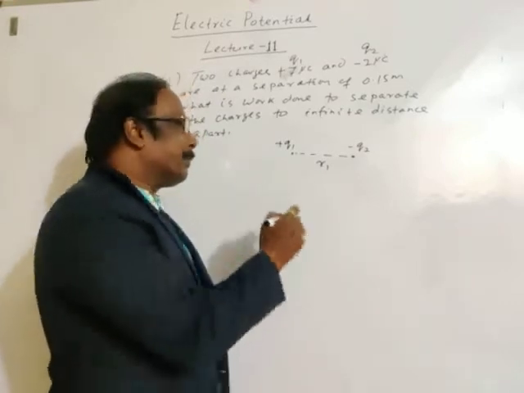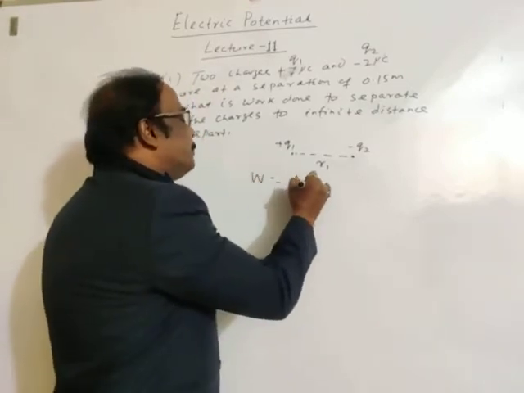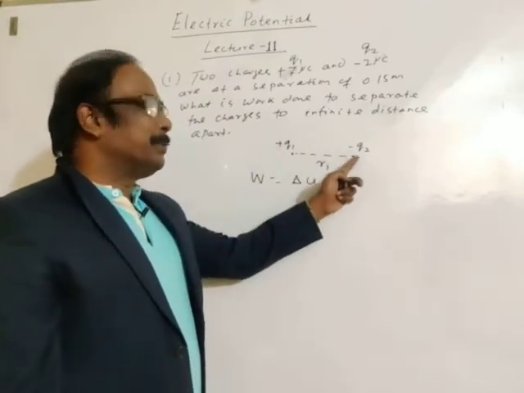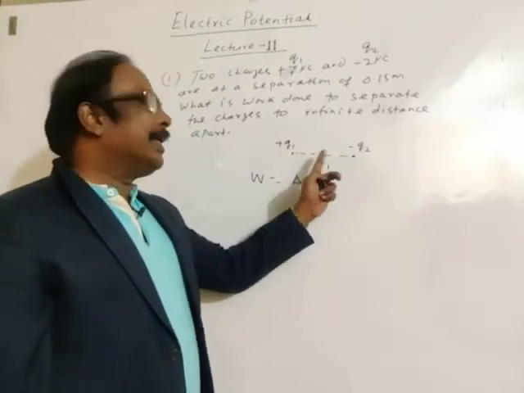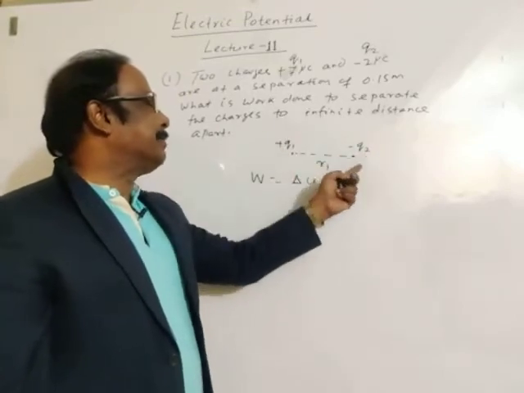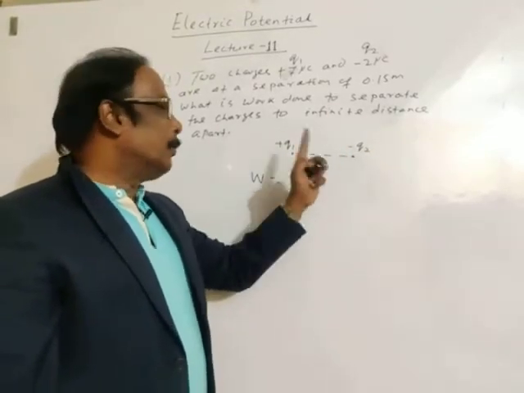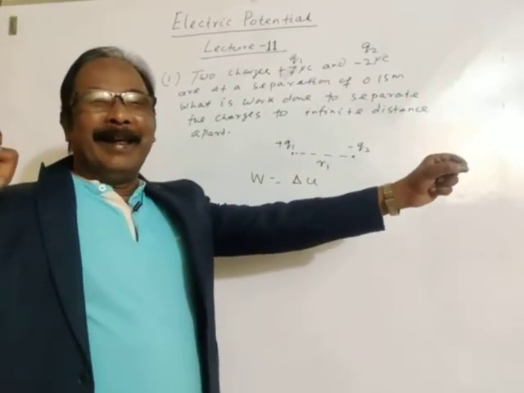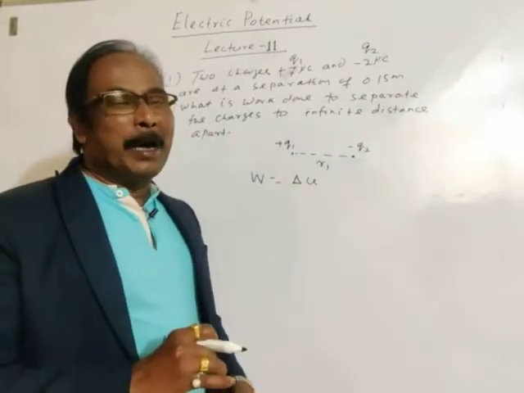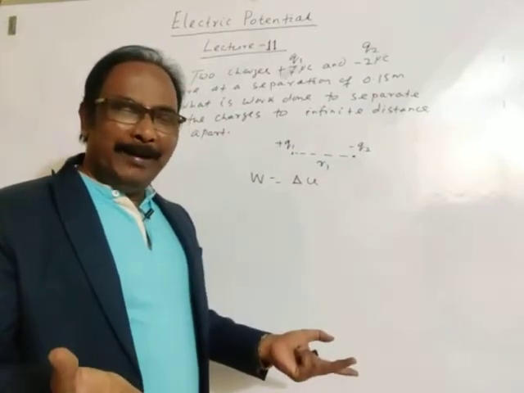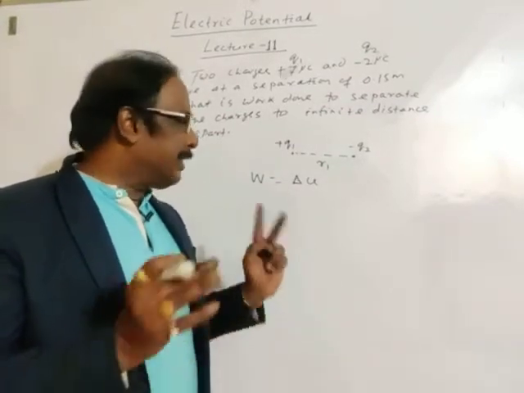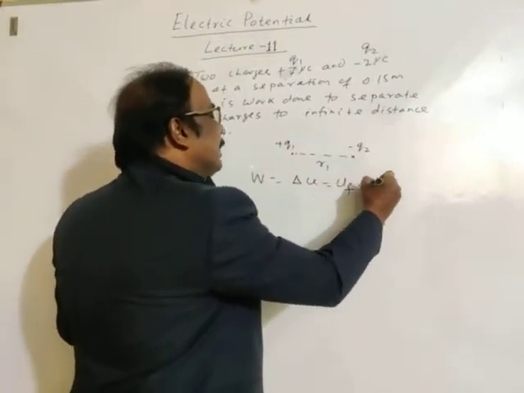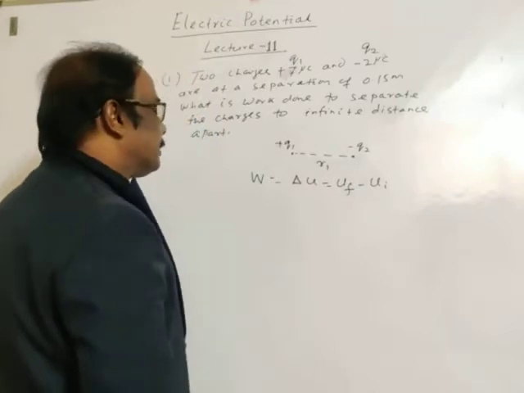The basic principle: work is equal to change in potential energy. The two charges form a system with potential energy. When they are separated to infinite distance apart, we take the final potential energy. Then work is final potential energy minus initial potential energy.